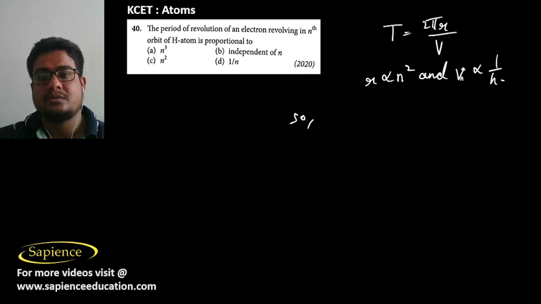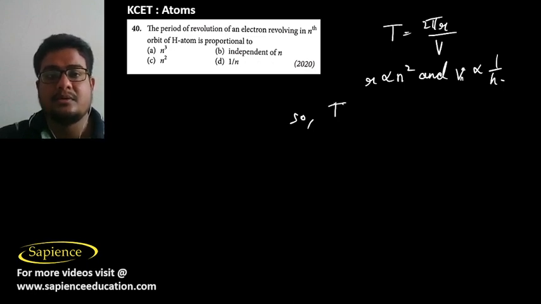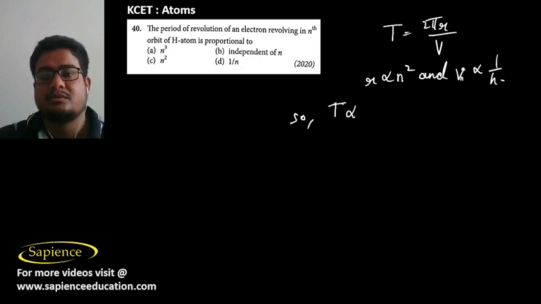So the time period of revolution is proportional to r by v, or I can say the time period is proportional to n square by 1 by n, or I can say it is proportional to n cube.